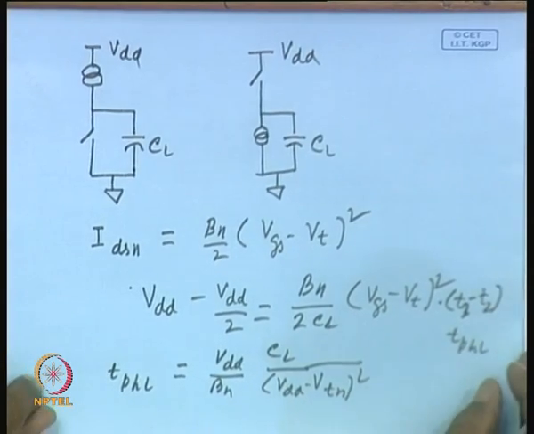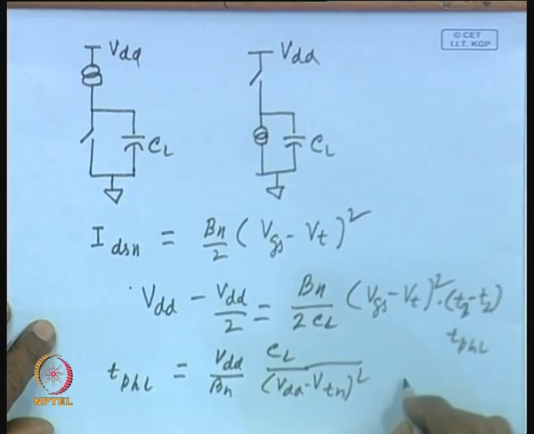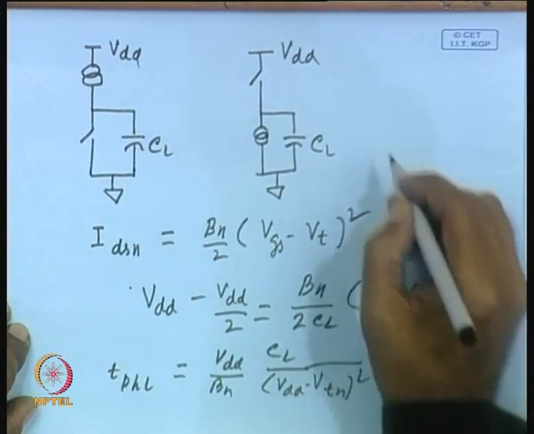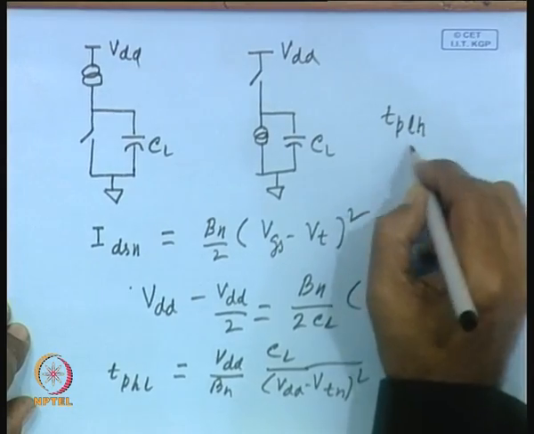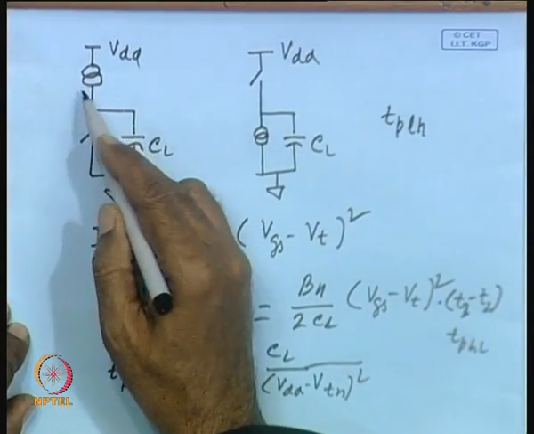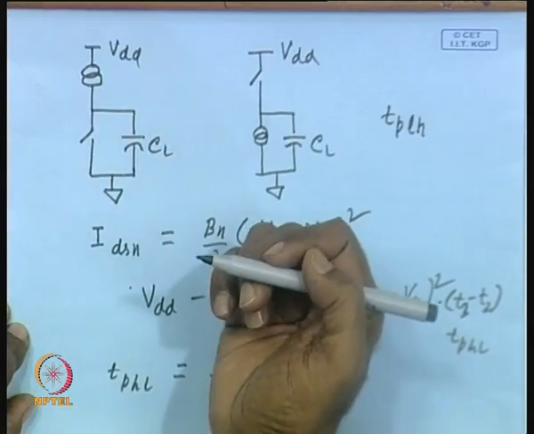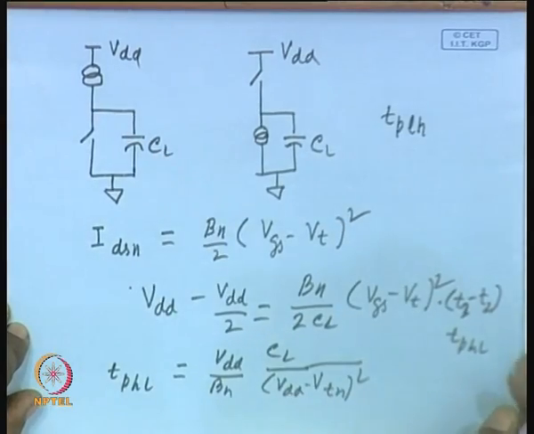Similarly, we can find out the value for the other one, that is Tp low to high. What is the difference between these two? The difference is that in one case it is a PMOS transistor and in the other it is an NMOS transistor; otherwise it is the same.